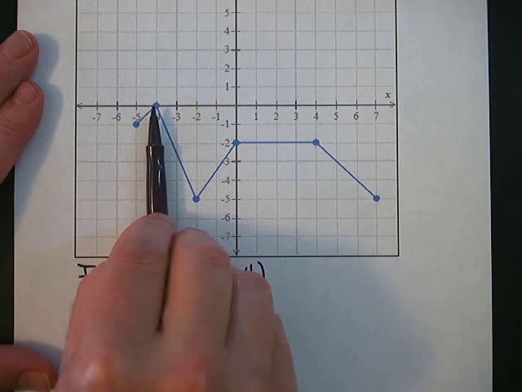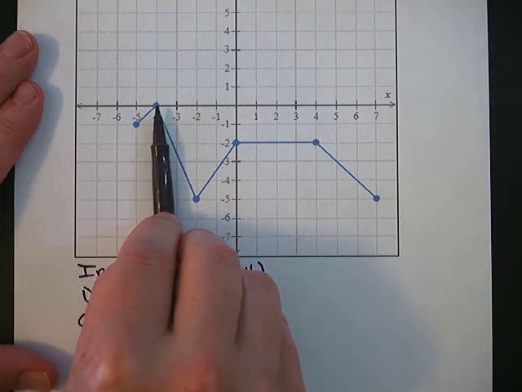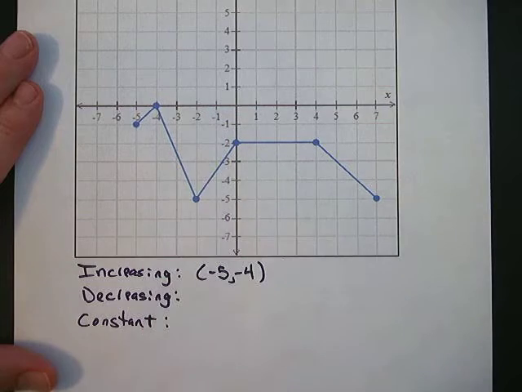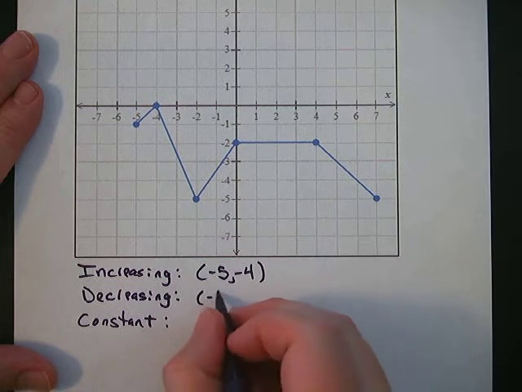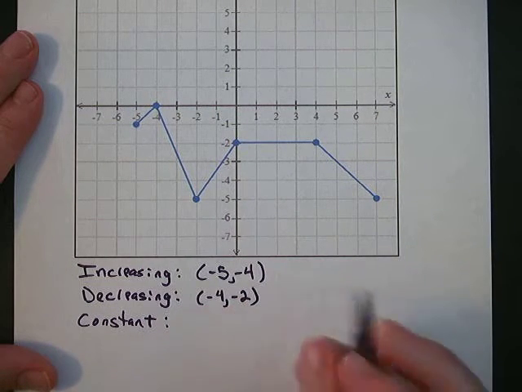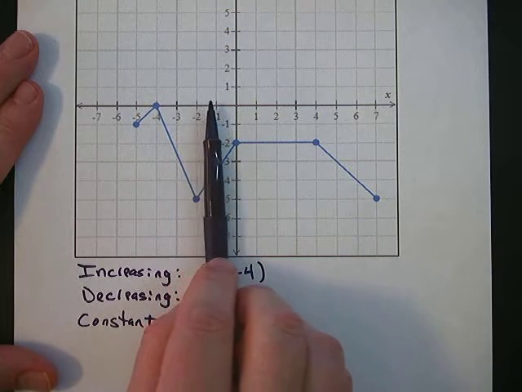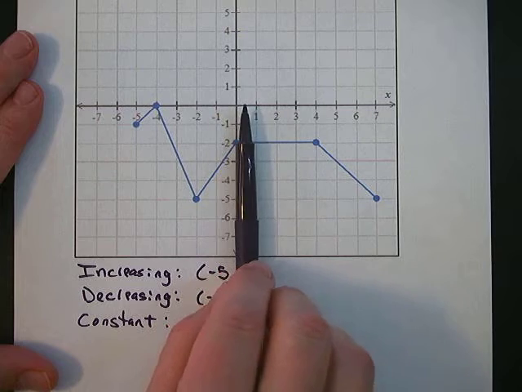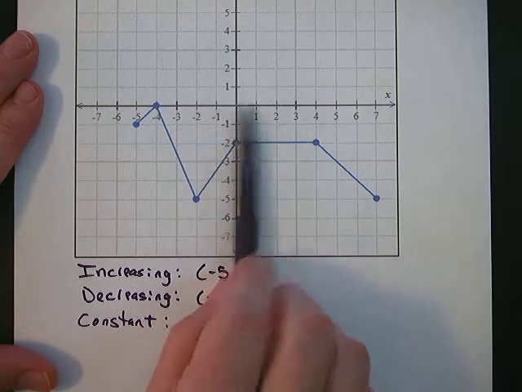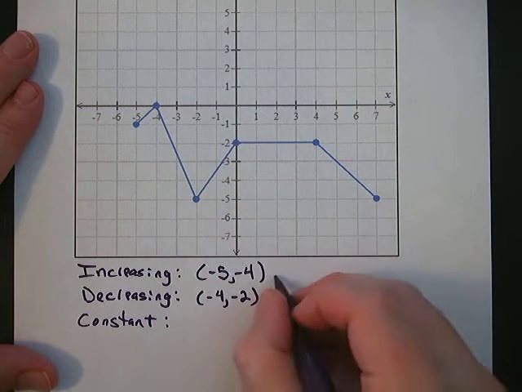Now it's decreasing between -4 and -2, so I could write that, -4, -2. And then when I get to -2, it's increasing again until I get to 0. So between -2 and 0, it's increasing.